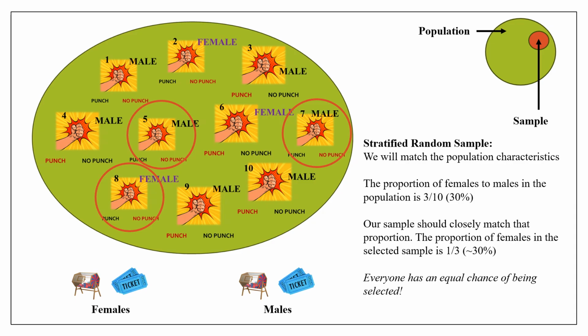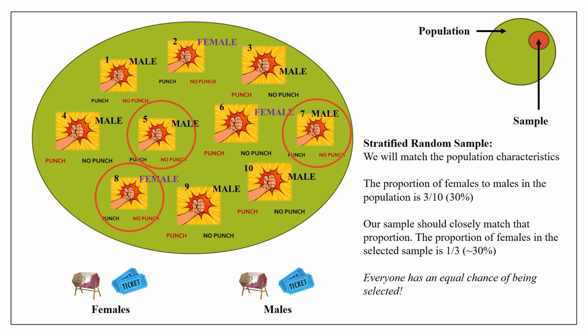So what you would need to do in a situation like this is that you're going to have two separate urns based on the characteristic that you're trying to match, in this case, gender, because stratified random sample also gives everyone an equal chance of participating, irrespective of also matching the demographic characteristics.